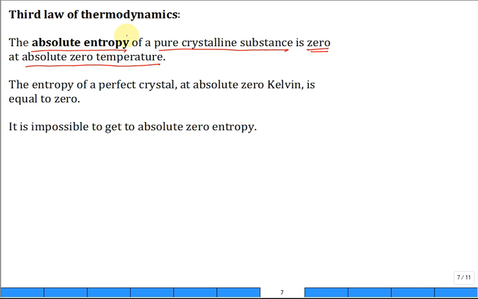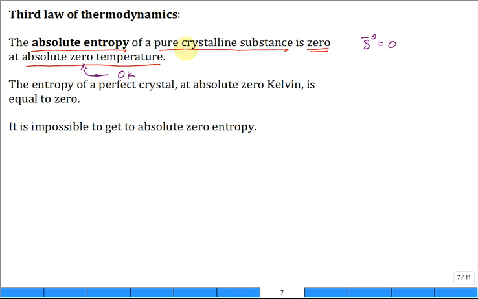So this is the reference, or the base, or the datum point by which entropy calculations are made. So the S bar equal to 0 is when the temperature is 0. Can you ever get that cold? No, but at 0 Kelvin, theoretically, you get that cold.